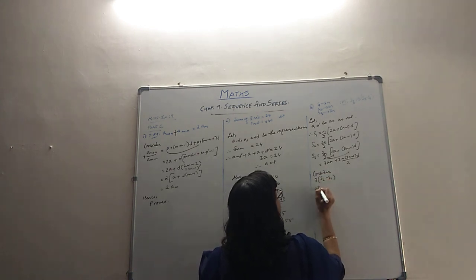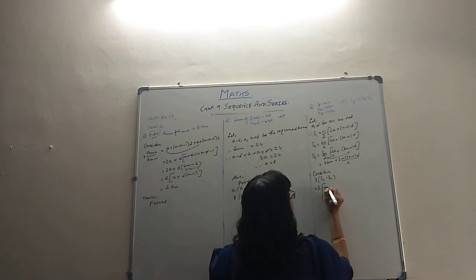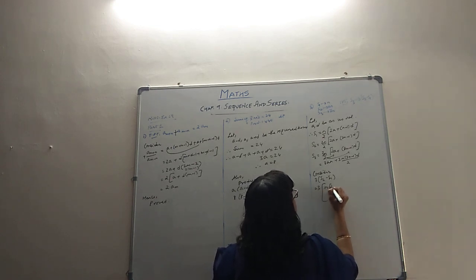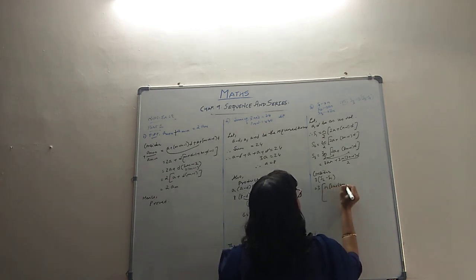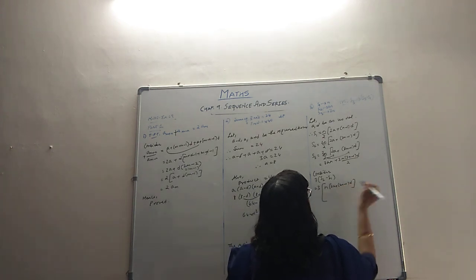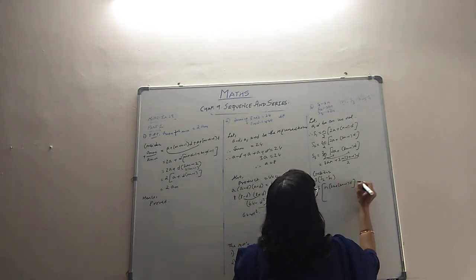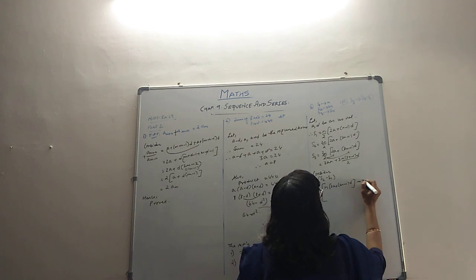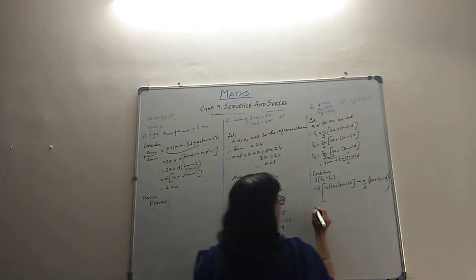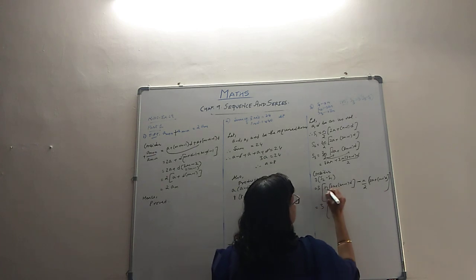So what does it come to? S2 for us is n into 2a plus 2n minus 1 d, and S1 is minus n by 2 times 2a plus n minus 1 d. Okay, let's open this up and see how this works.